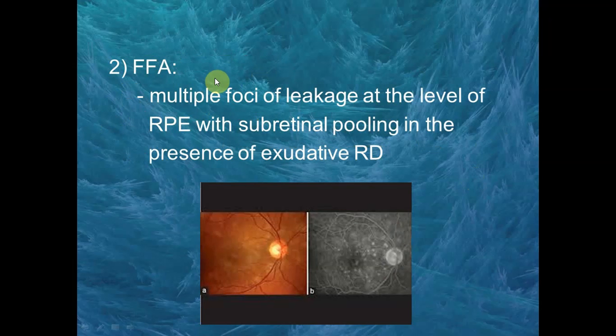A fundus fluorescein angiography will show multiple foci of leak at the level of the retinal pigment epithelium. Along with that, there will be subretinal pooling in cases of exudative retinal detachment.